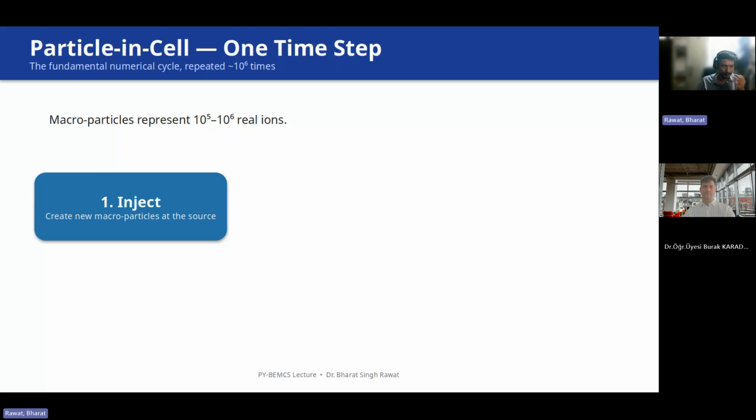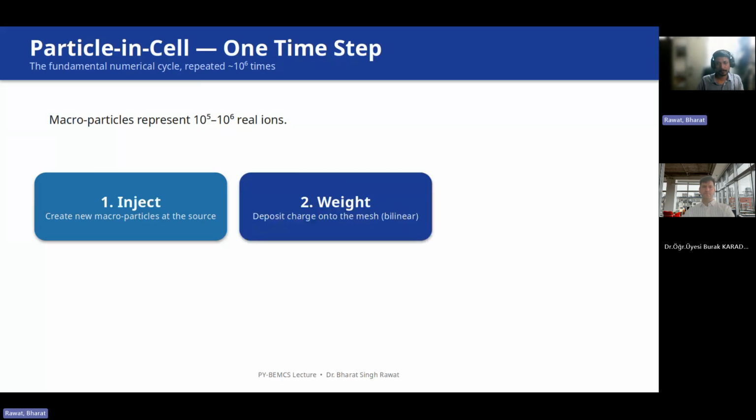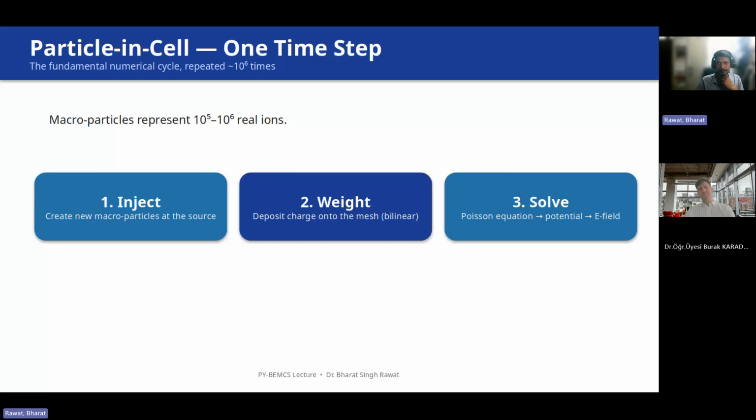The way you do it is you inject a macro particle at the source and you weight it. Once the particles are there, they get distributed under their own space charge and under the applied potential. And then you use some sort of interpolation scheme to find its weight and its nearest grid coordinate to apply the space charge on the grid.